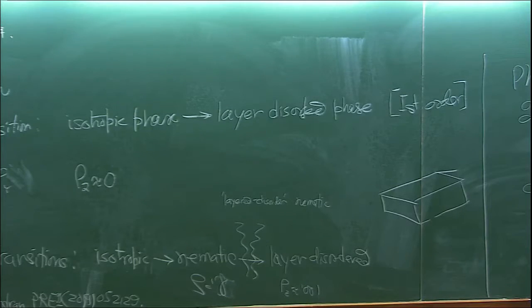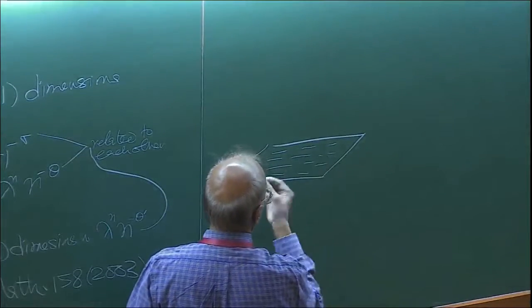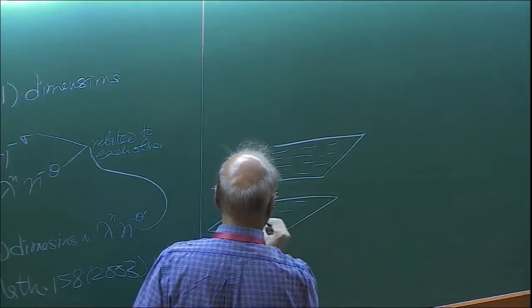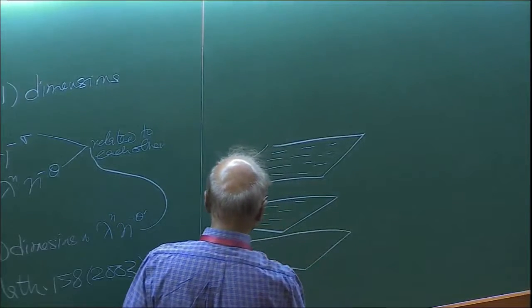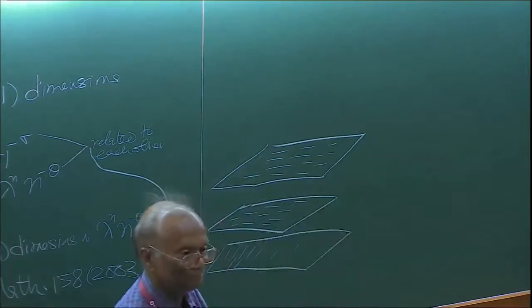So let us take the extreme case where you have layers which are in some X order or Y order. The layers are decoupled with each other. They can be in any orientation.